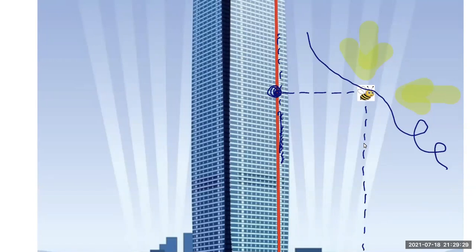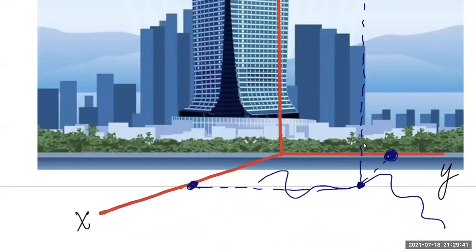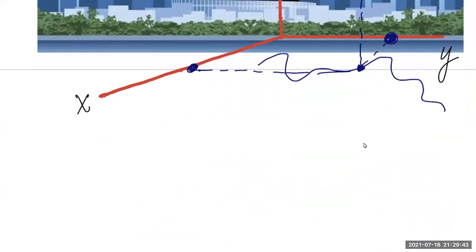Okay, I find X, I find Y, I find Z, using our knowledge of one-dimensional motion separately, and then we combine the information together, and we get a whole picture of how this bee moves in three dimensions. Okay, so that's the whole idea of studying two or three-dimensional motion.